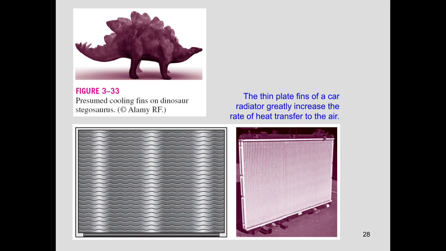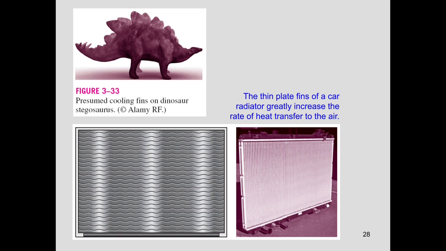This is a very old example, but now in our cars we use a radiator. Thin plate fins of a car radiator greatly increase the rate of heat transfer to the air. In the radiator, hot water flows through the pipes, and air flows over the fin surfaces.